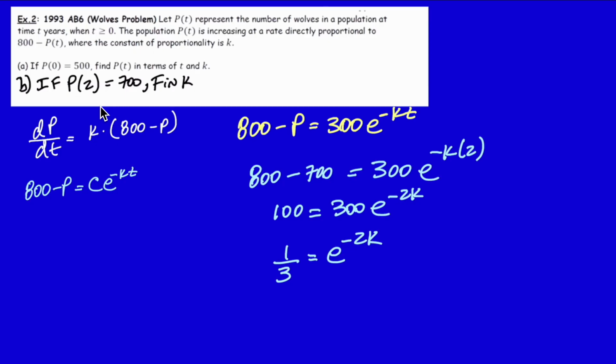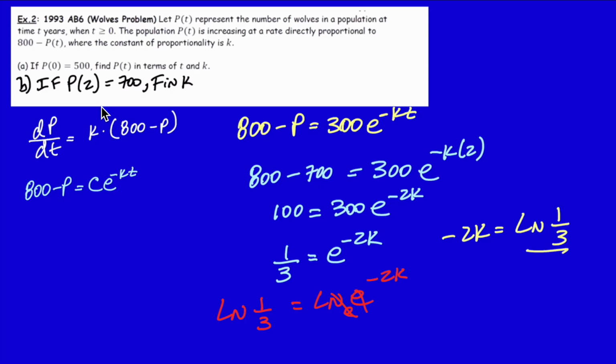Okay, at this point, we're going to take the natural log of both sides. So the natural log of 1/3 equals the natural log of e to the negative 2k. This is going to cancel out, and we're going to have negative 2k equals the ln of 1/3.